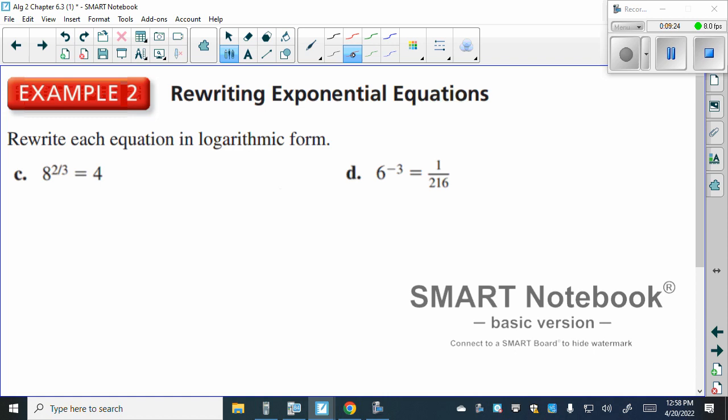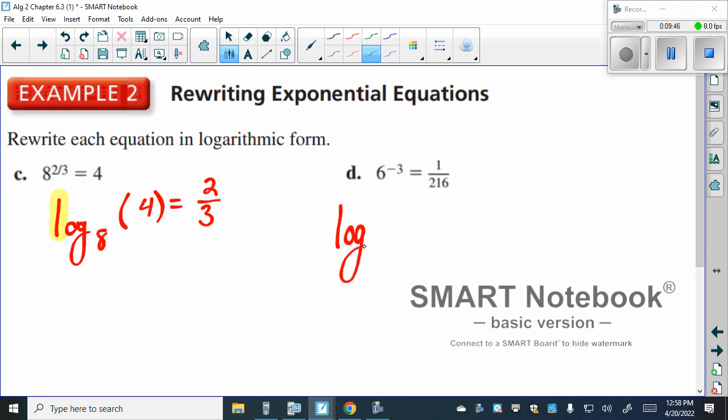8 to the 2/3 equals 4. So we would have log of 4 is equal to. So log base what?